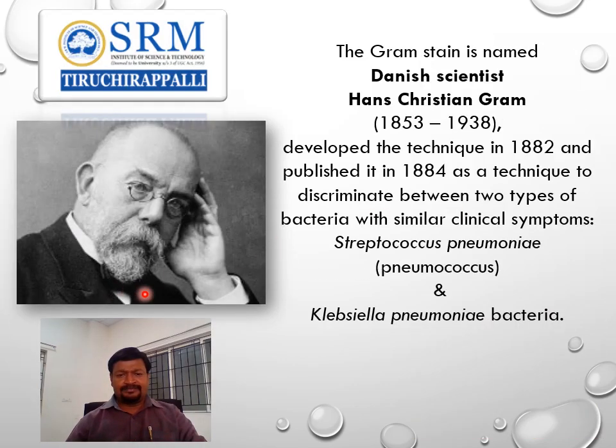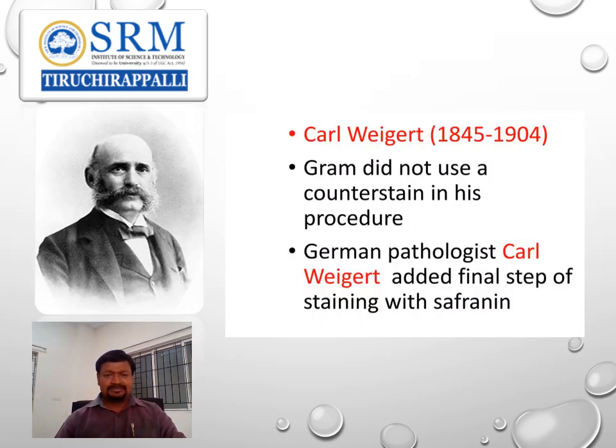He is the famous scientist Hans Christian Gram. Gram staining is named after the Danish scientist, whose lifetime was 1853 to 1938. He developed the technique in 1882 and published it in 1884 in a famous journal. The two bacteria with similar clinical symptoms identified were Streptococcus pneumoniae, causing pneumococcal infections, and Klebsiella pneumoniae.